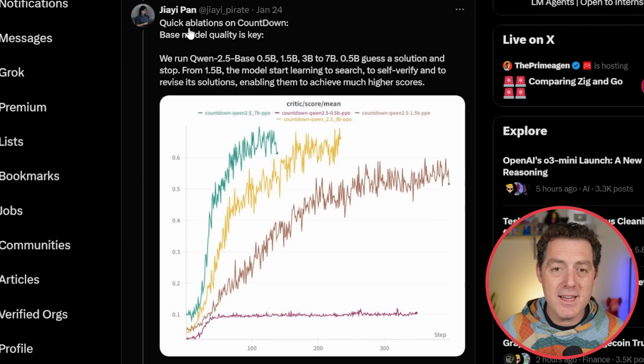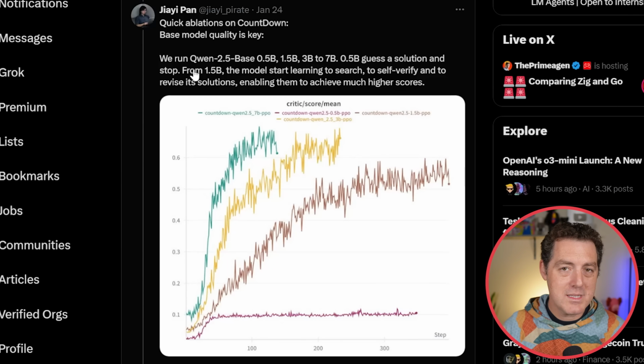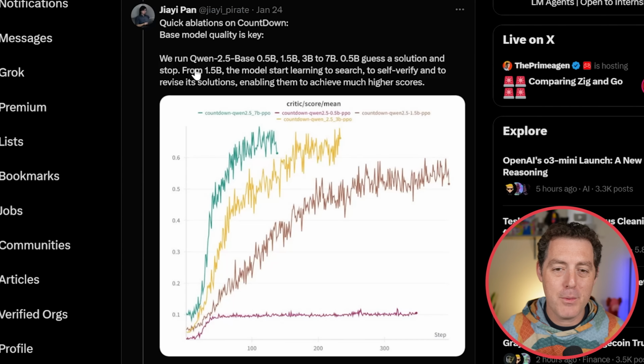Now, one of the findings is that the base model quality is key, and he tried it on Qwen 2.5 base with 0.5B, 1.5B, 3B, and 7B. 0.5B guessed a solution and stopped. But once they reached 1.5B and up, the model started to learn to search, to self-verify, and revise its solutions.